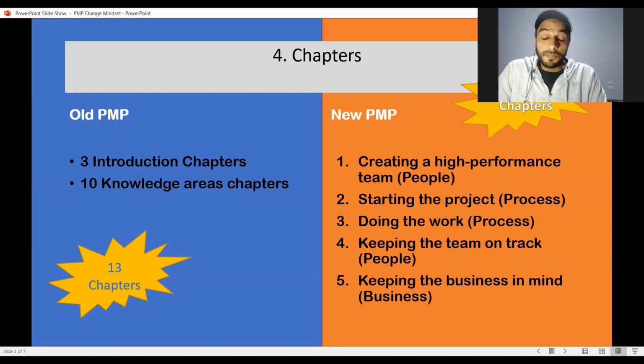I will tell you these 5 chapters: creating a high performance team, chapter 1, which is people, by the way; starting the project, chapter 2, process; chapter 3, doing the work, process; chapter 4, keeping the team on track, which is again people; and chapter 5, keeping the business in mind, which is business environment. So we have 5 chapters divided among the 3 domains.